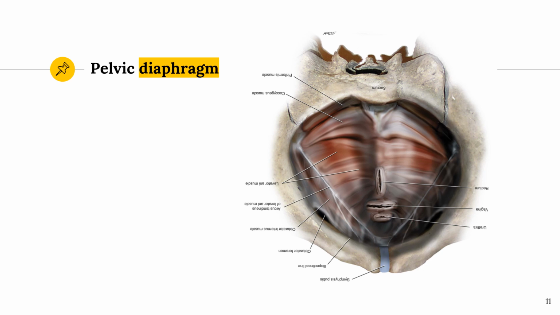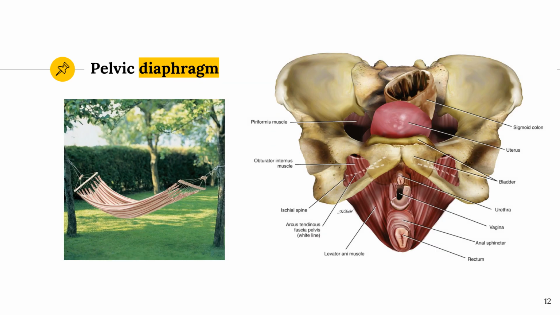However, this view doesn't allow us to appreciate the concept of a hammock-like structure. But this view can. From the frontal view, we can appreciate the funnel-like levator ani that creates the hammock-looking structure.